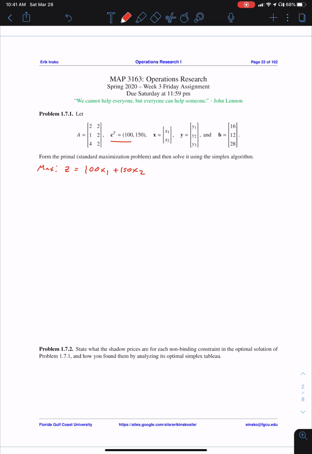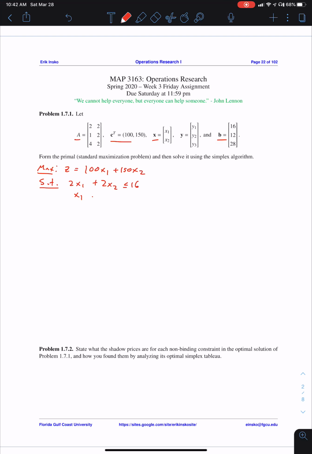Now we get its constraints, and the way you do that is you take the A matrix multiplied by x, set it less than or equal to the B matrix. So this gives us subject to 2x1 plus 2x2 less than or equal to 16.